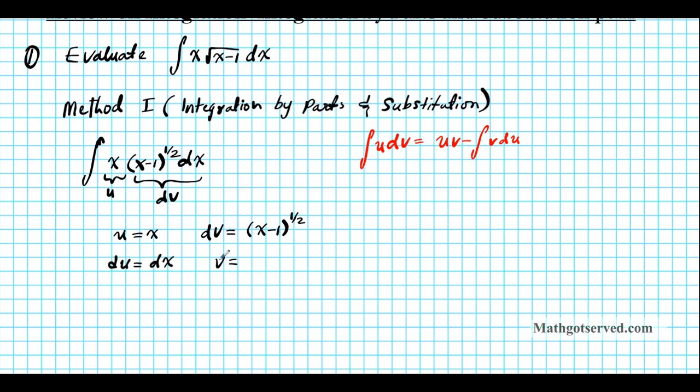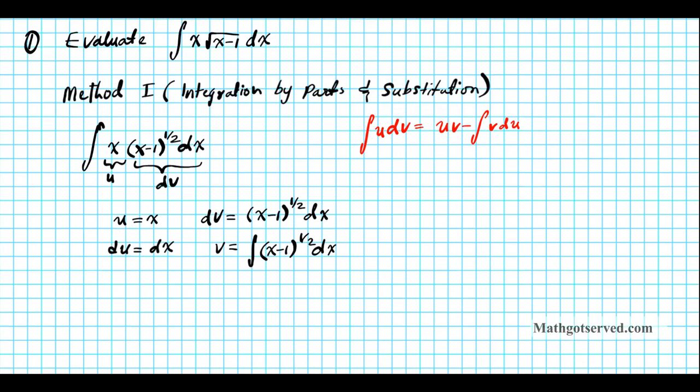If I integrate dv, I'll get v. Imagine there's a 1 here, so just integrate that. And then I'll have to find the antiderivative of x minus 1 raised to the 1/2 dx. I was supposed to put a dx here before, because this entire piece is dv. All right, so let's go ahead and integrate that.